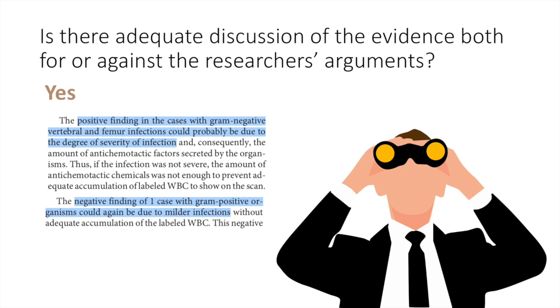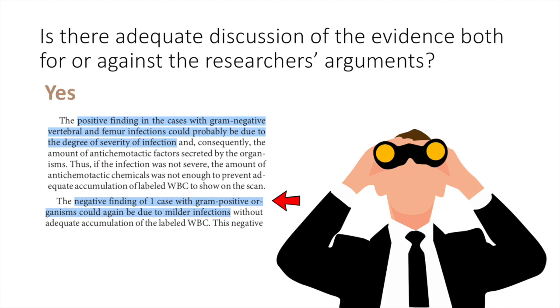Is there adequate discussion of the evidence, both for or against the researchers' arguments? Earlier, we did discuss the evidence that stood with the hypothesis. However, we did have certain deviations that included a positive finding in the case with gram-negative vertebral and femoral infections that could probably be attributed to the degree of severity of infections.